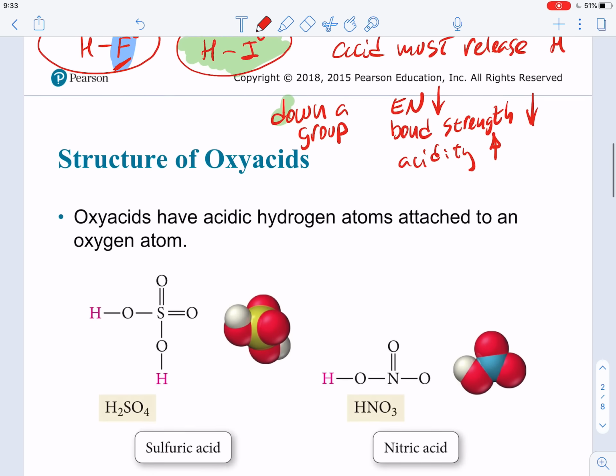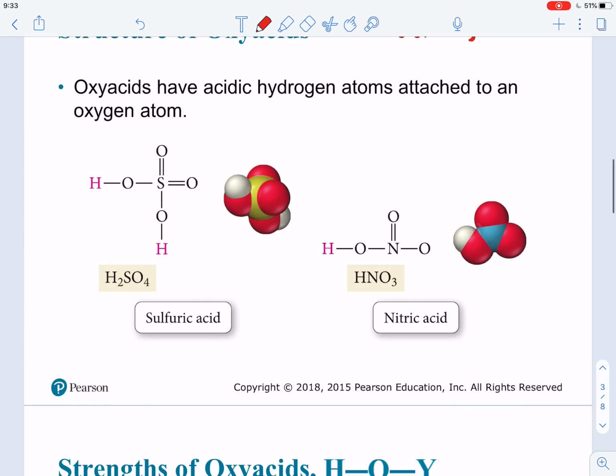Now, in the case of oxyacids, it's a little bit different story. I mean, we can still use electronegativity and all of that to explain strength of acids, but the way you interpret these rules, the electronegativity, for example, goes kind of in the opposite direction. And what I mean by that, let's take a look first at the structure of those acids.